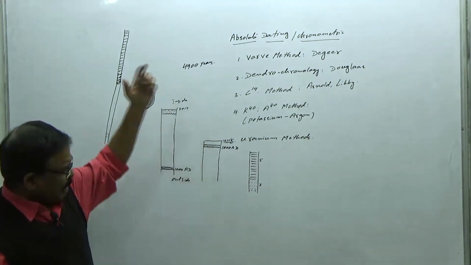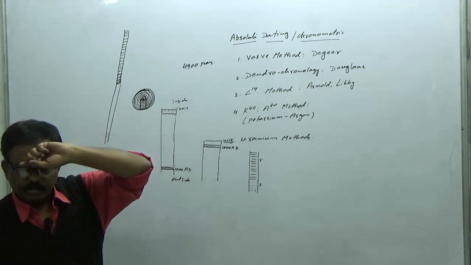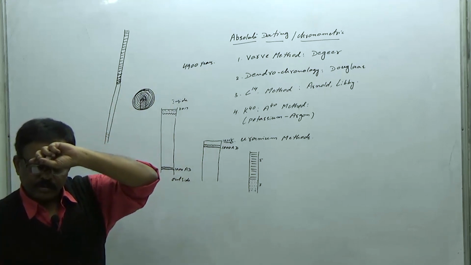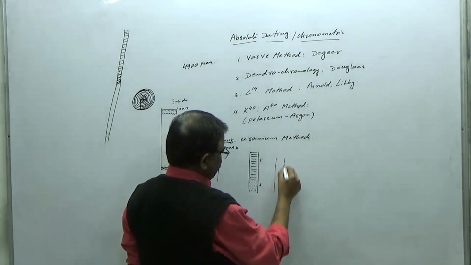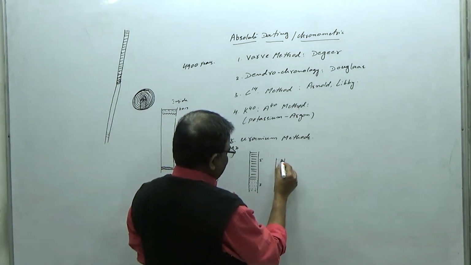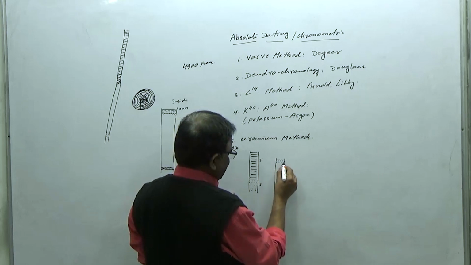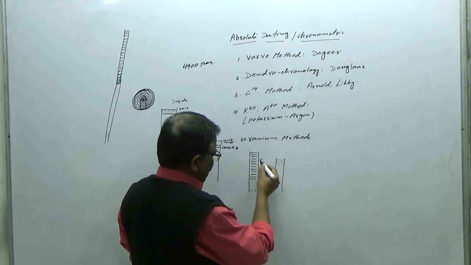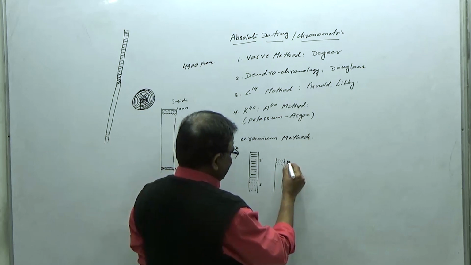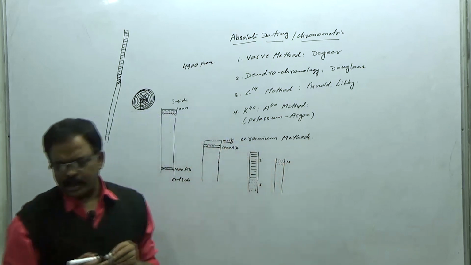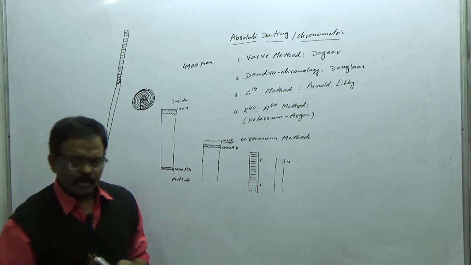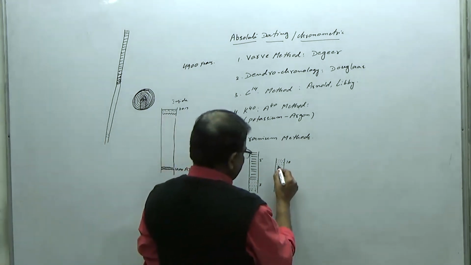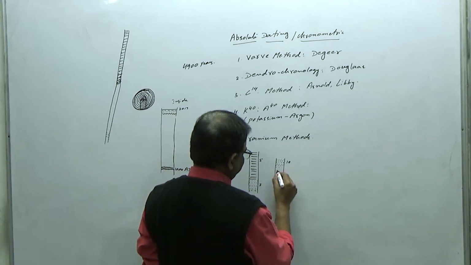So 10,000 years back, this tree is very old. Then another old one is available there. Here this type of annular rings are there. That means 5,000, 5,000, 10,000 years back these rings arose. Then again something like this.